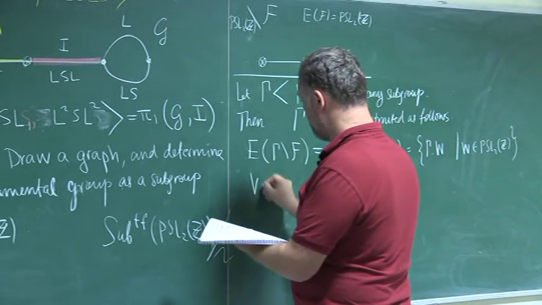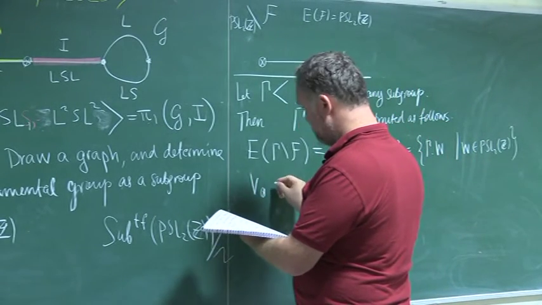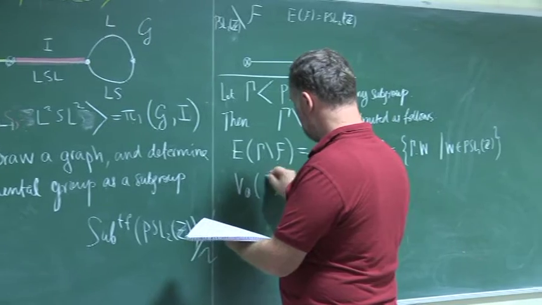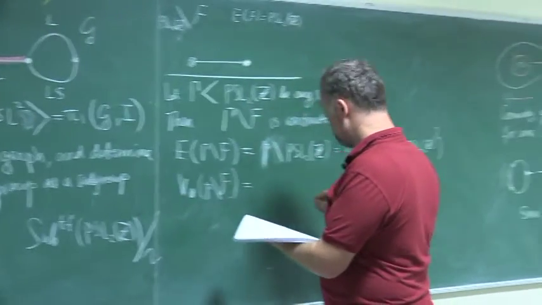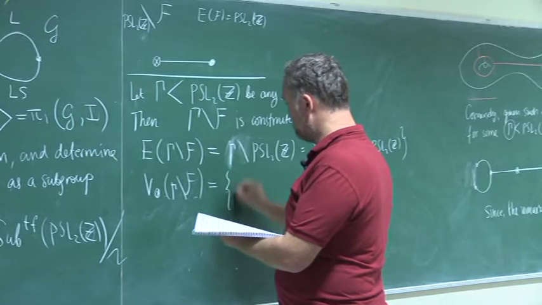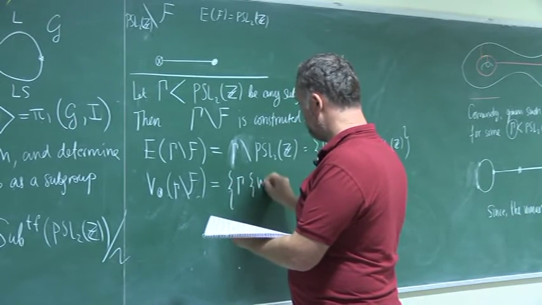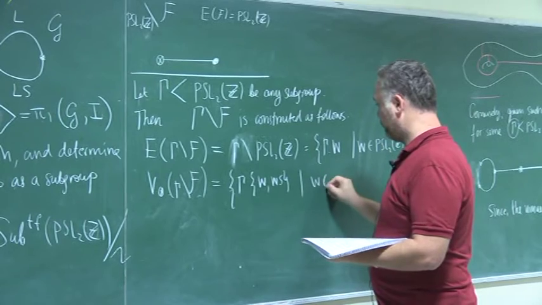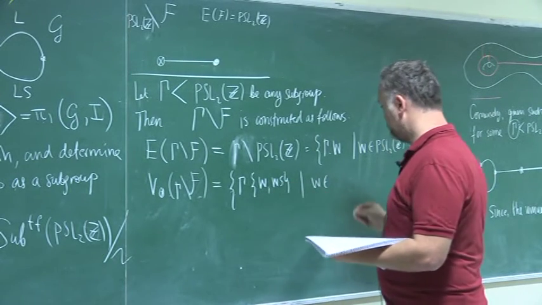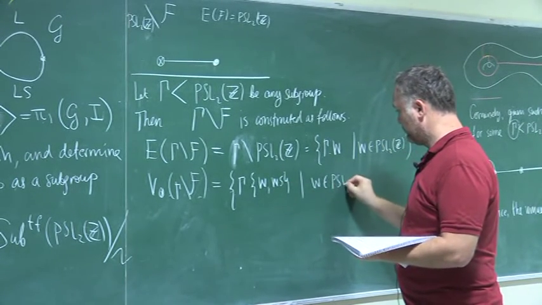And vertices of degree 2 in F over gamma are just the gamma orbits of vertices of degree 2 under gamma.